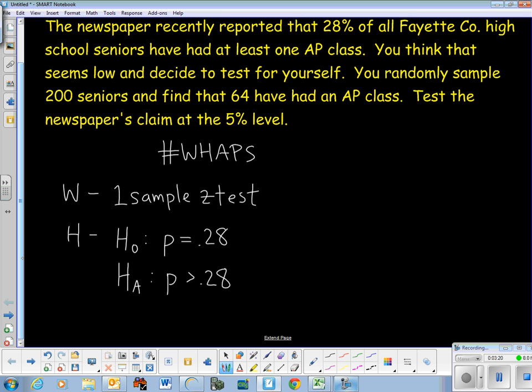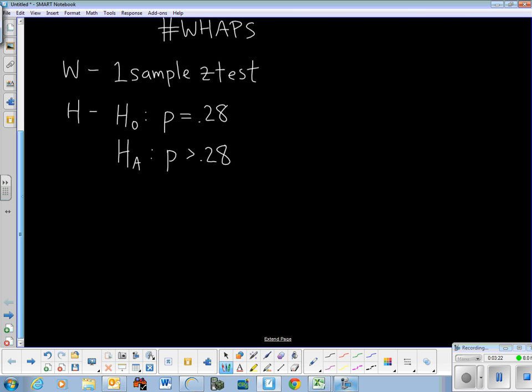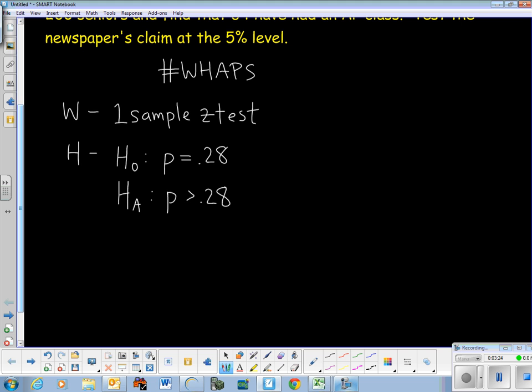Those are our hypotheses. These can be stated in context. It's not an absolute necessity to state these in context, but sometimes a certain book will ask you to do that. If you needed to, you would just say the proportion of seniors who have taken AP is equal to 28%, and then the proportion, just put it into words.